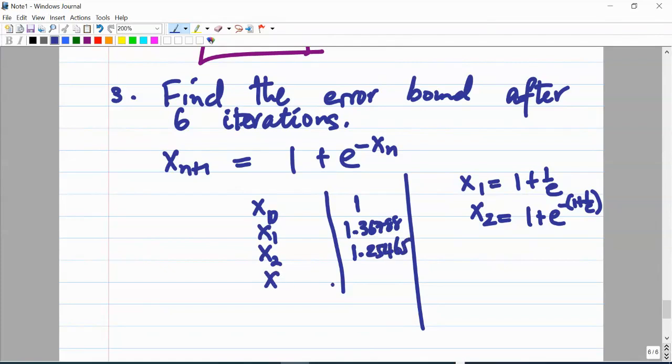You then get 1.25465. X3, if you continue, will give you 1.28518.